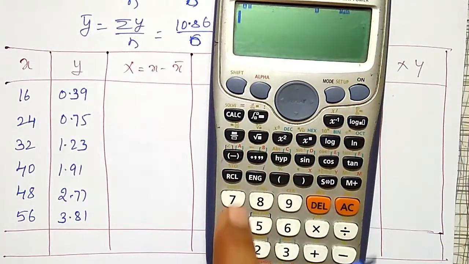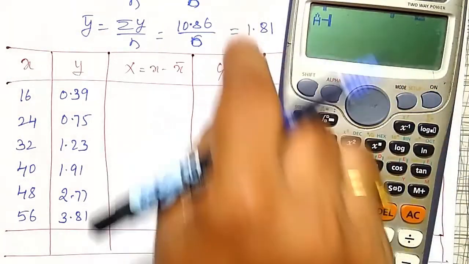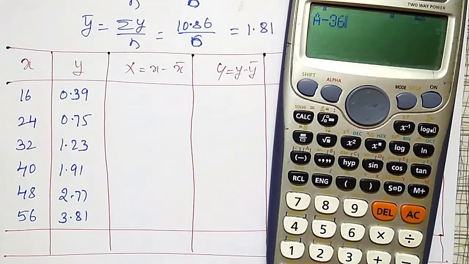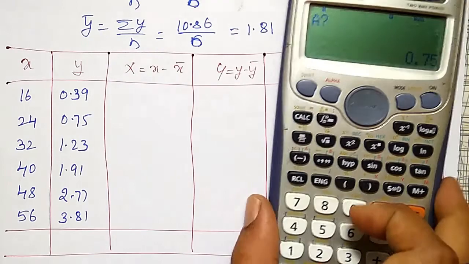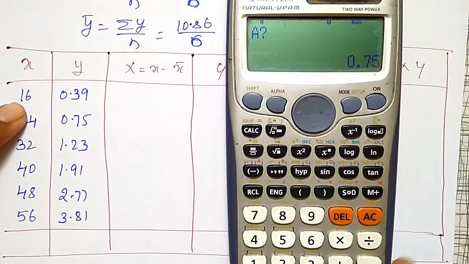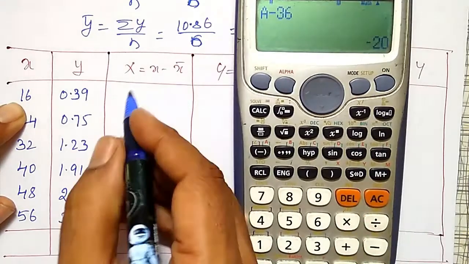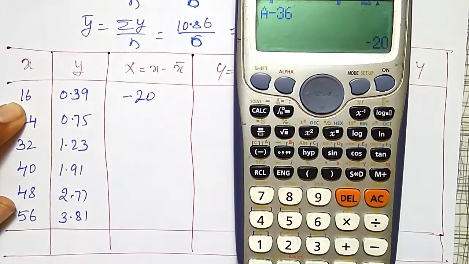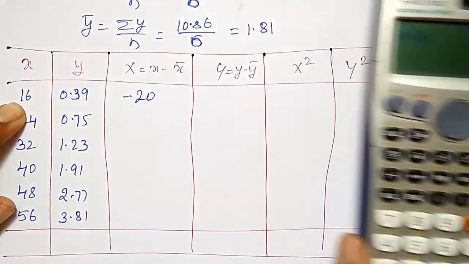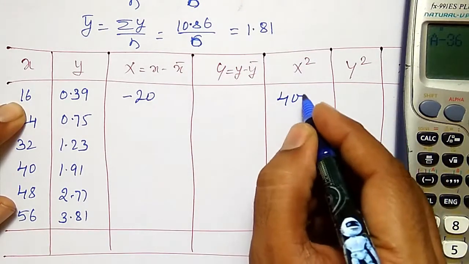In the calculator you can operate as: alpha A minus x bar value, which is 36. Then the calc option, my A is 16. 16 minus 36 equals minus 20, and its square, we can directly write, is 400.